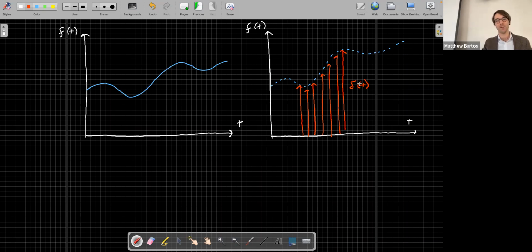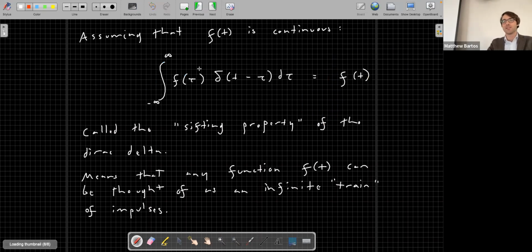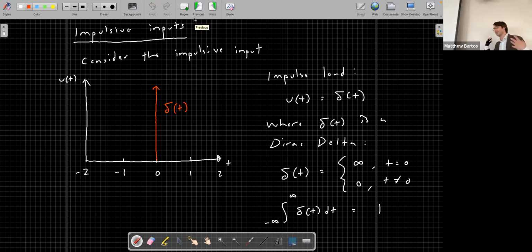Okay, so think about this for a little bit. A couple of questions just to make you think. So I have here that there's all these little deltas, but they are different magnitudes. But I also told you that the Dirac delta has an infinite magnitude. So how can that be? Essentially, it's kind of misleading to think of a Dirac delta as having an infinite magnitude.